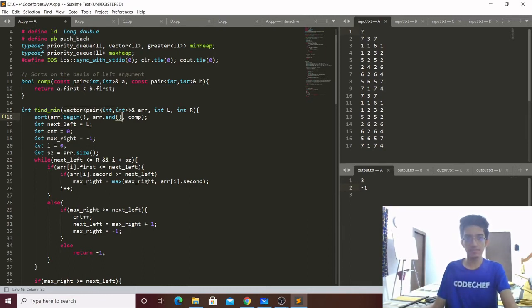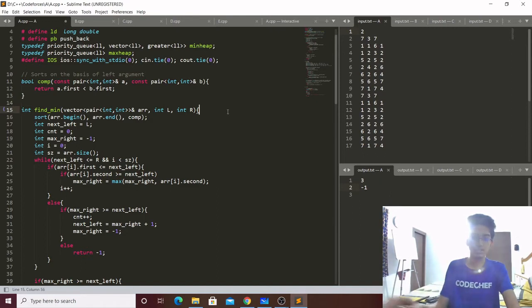The first argument denotes the left side of the blue segment, and the second argument denotes the right side of the blue segment.